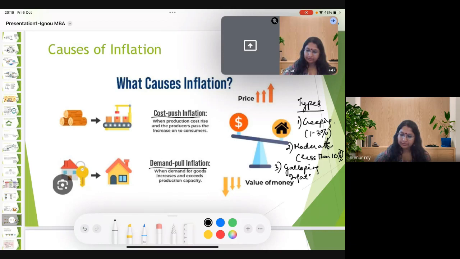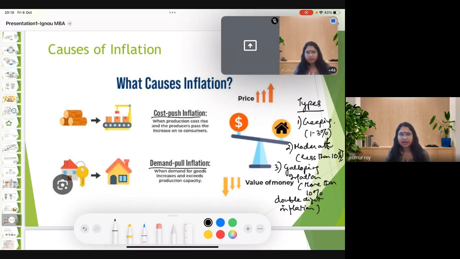Now, galloping inflation is when you go into more than 10%, or you talk about double digit inflation. This is the stage where you talk about galloping inflation. Here it is very worrisome because prices are really increasing, and you can't afford to buy things.